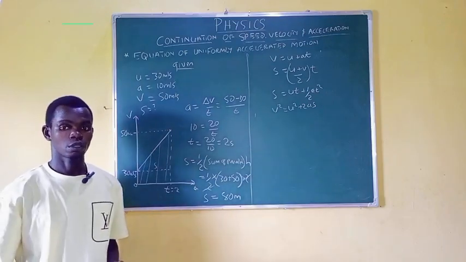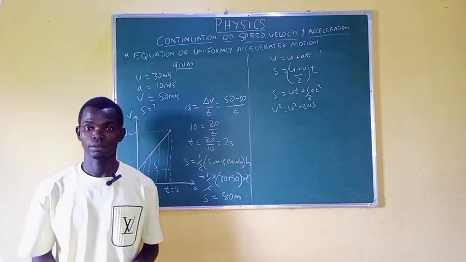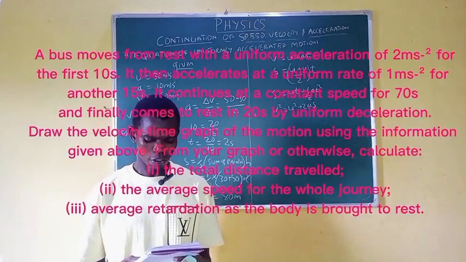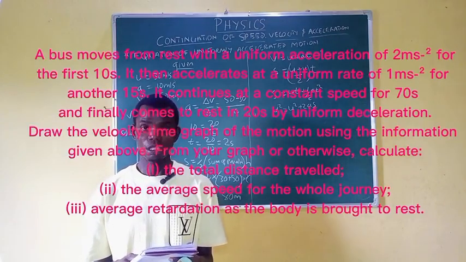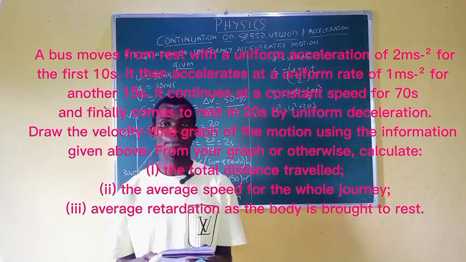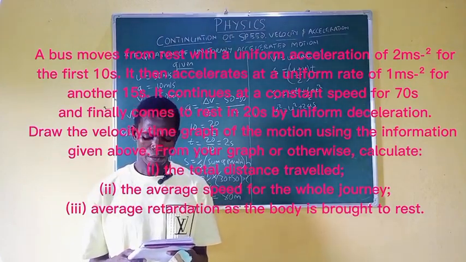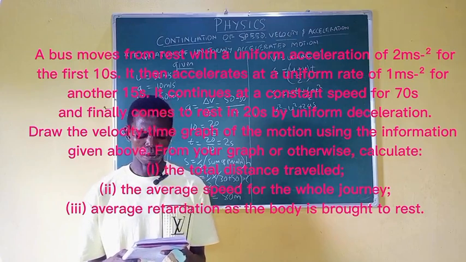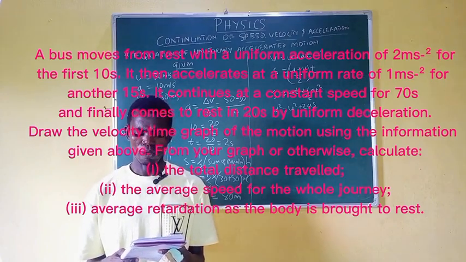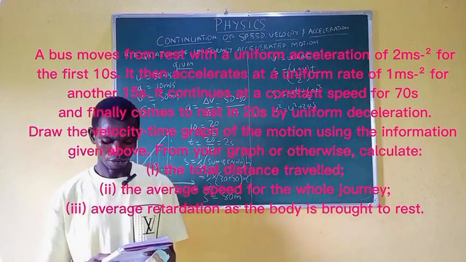Let's go to question 3. A bus moves from rest with a uniform acceleration of 2 meters per second squared for the first 10 seconds. It then accelerates at a uniform rate of 1 meter per second squared for another 50 seconds.